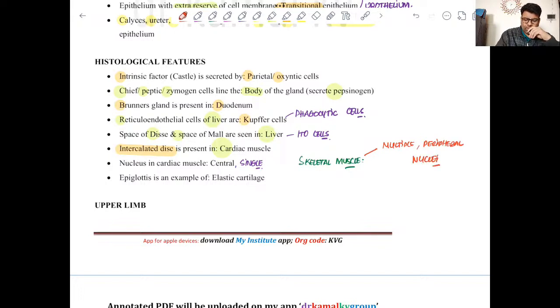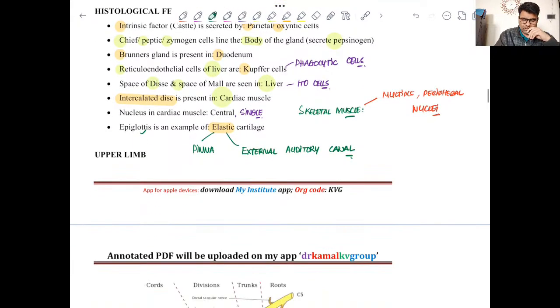Clear? Then elastic cartilage. The examples include epiglottis, pinna, external auditory canal. Clear? So this is elastic cartilage.